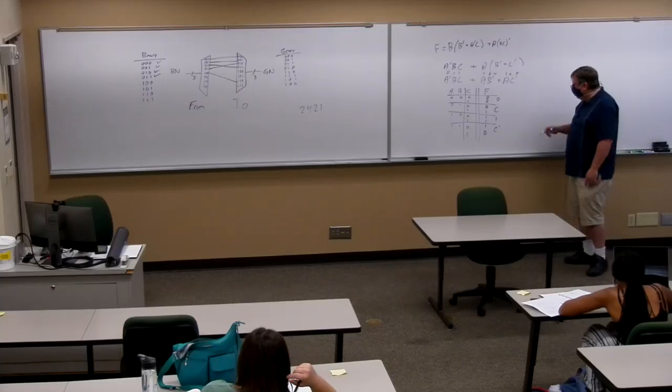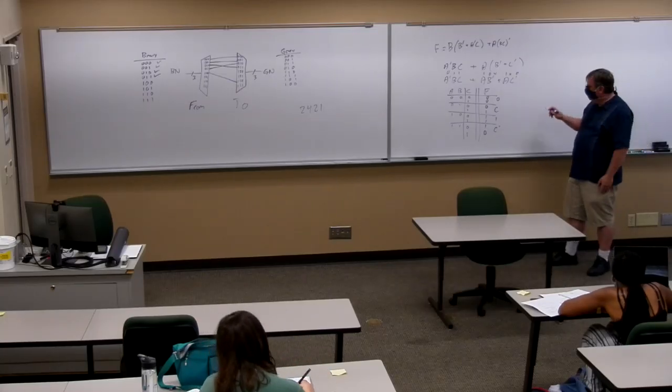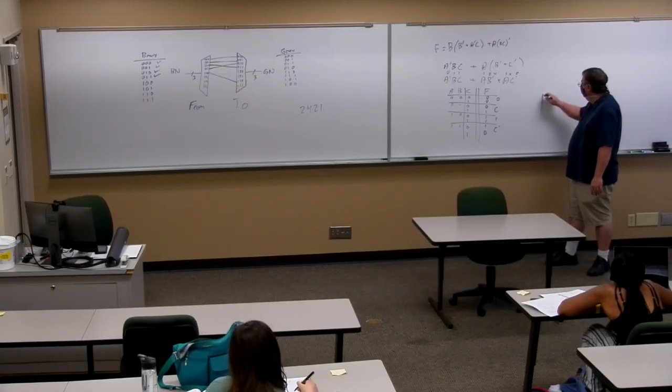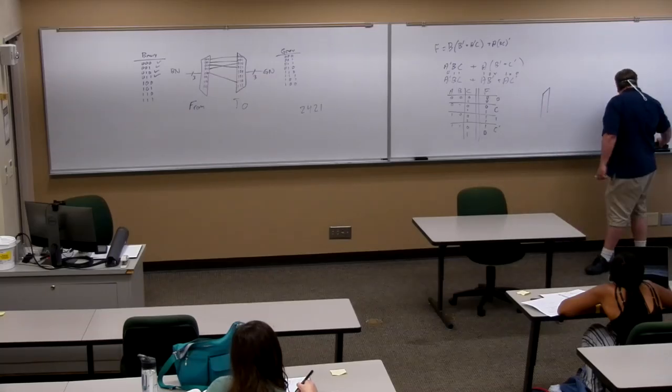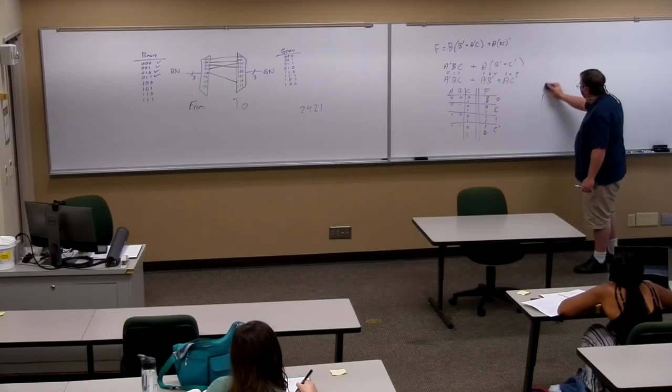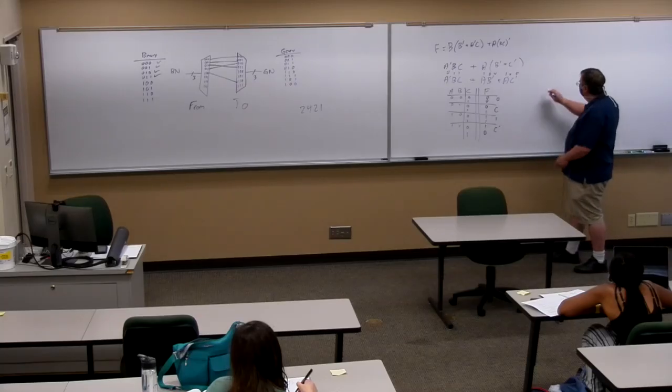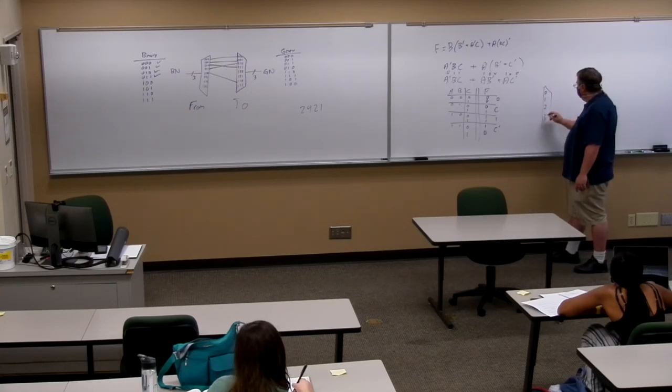I'm basically done now. I just draw the circuit. Oops. It helps if I don't draw it backwards, though. Dyslexia strikes again. All right, so I have 4 groups, 0, 1, 2, 3.